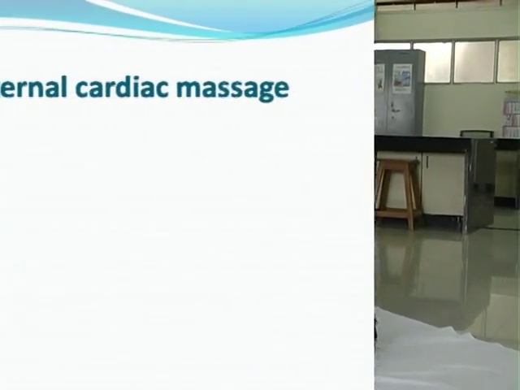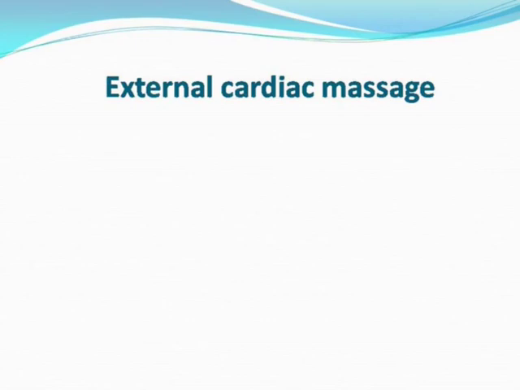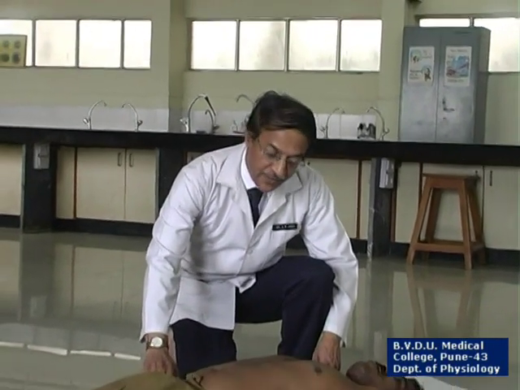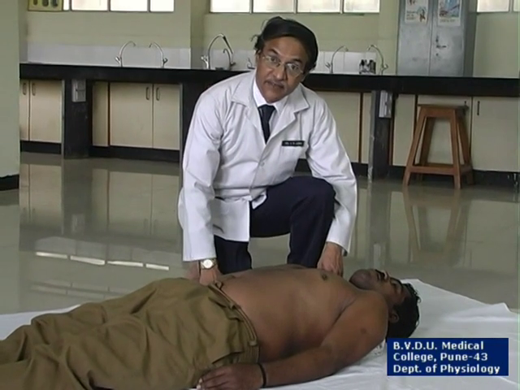Artificial respiration is started at the site of accident and it is continued till the patient is shifted to the hospital. If the patient starts breathing on his own, the act of respiration is synchronized with his own respiration. If there are signs of cardiac arrest, with no pulsations at the femoral artery, then external cardiac massage is indicated.